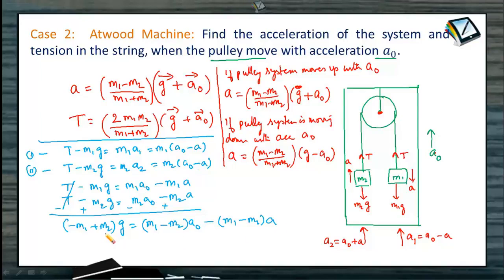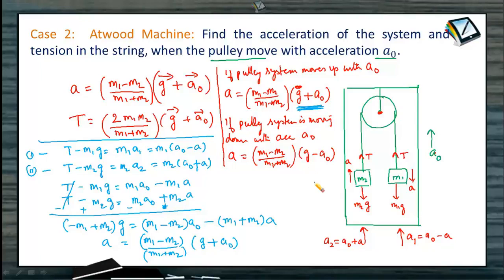I'll bring this term here and this term to this side. A is equal to (M1 minus M2) divided by (M1 plus M2) into (G plus A0). When the system is moving up, G plus A0, that's what we got.